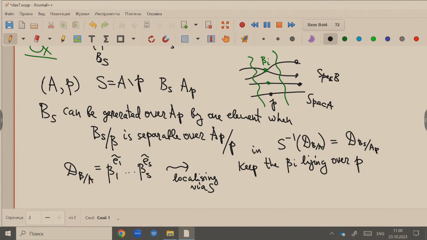And in order to get the localized expression, you have to keep only the beta_i that are lying over P and keep the same degrees.